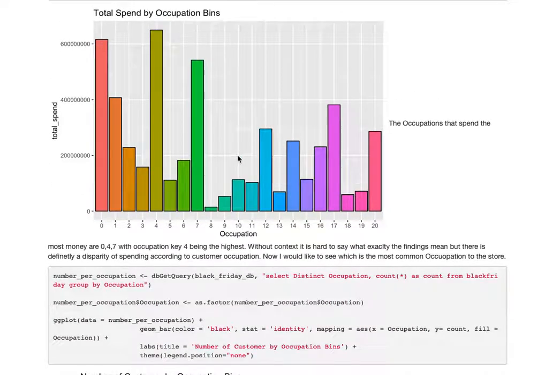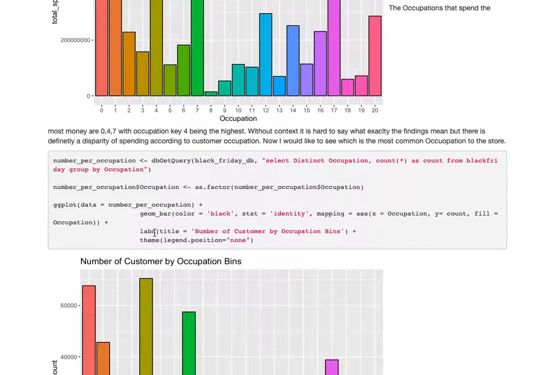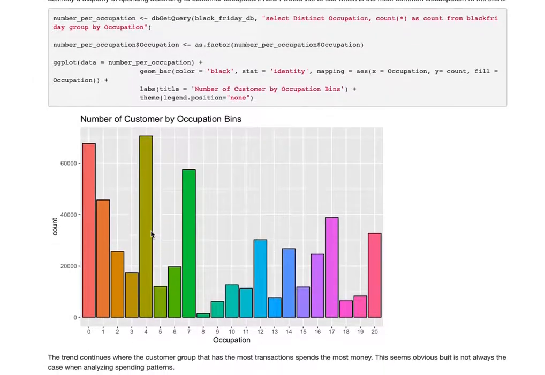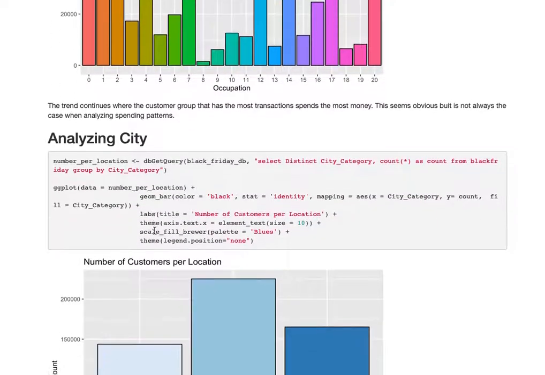It's unfortunate that this data is so anonymous. I wish I could say that if category 4 was plumbers as an occupation, that plumbers are buying the most, and it might be a supply store, for example. But continuing on, I just wanted to see how they were distributed, if there was more of a trend there.